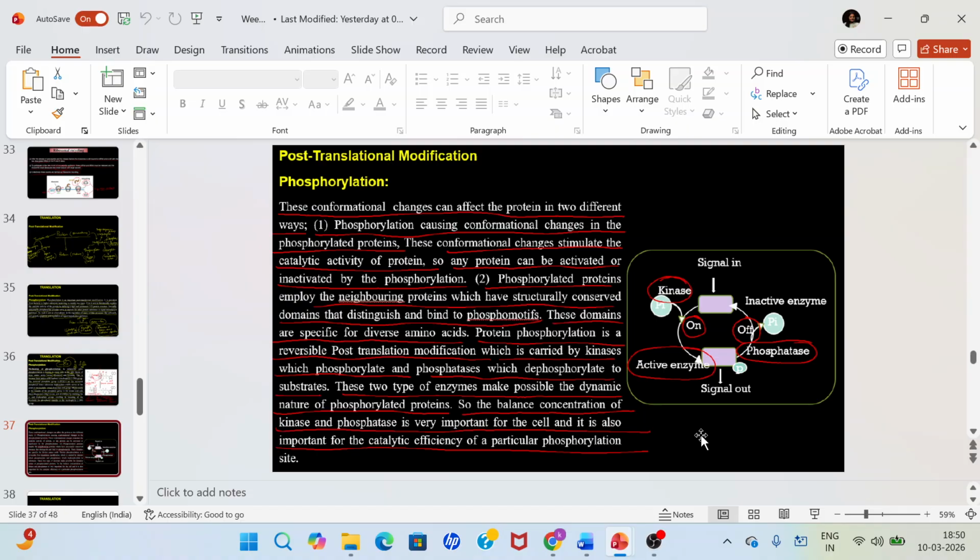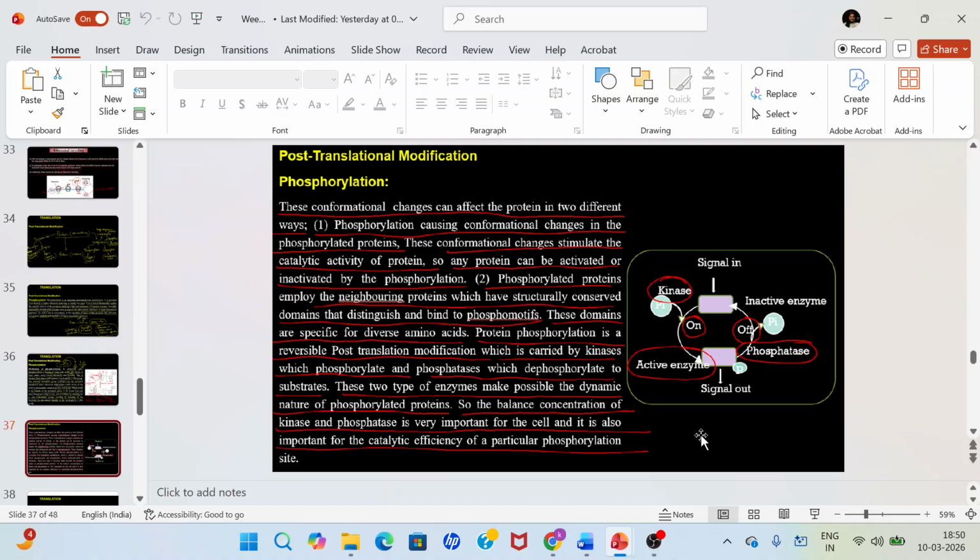Protein phosphorylation is a reversible post-translational modification, basically, which is carried out by the kinases. So kinases will help in the addition of the phosphate group, which phosphorylates, and phosphatases will help in the removal of the phosphate group, which dephosphorylates the substrate.